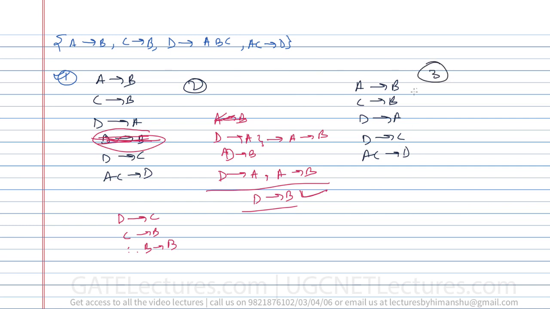Now let us apply step 3. That means if you have a functional dependency here, try to find A closure. A closure will get you A, B, and you cannot get C from A closure. If you do C closure, you can get C, B, but you cannot get A here, therefore you cannot break this one.